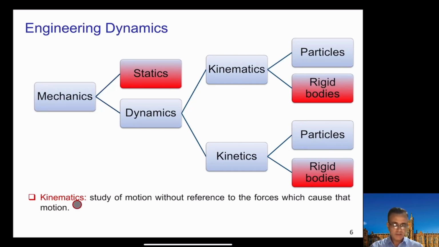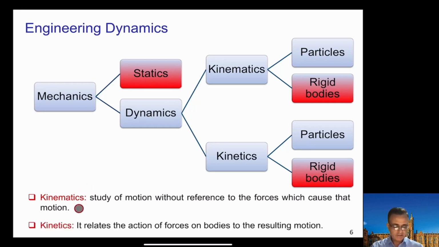That is kinematics. But kinetics relates the action of forces on bodies to the resulting motion. So in kinetics, we will also discuss the forces and the motion together. We will discuss these in further detail in coming lectures.